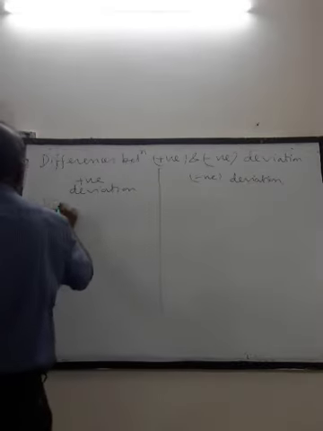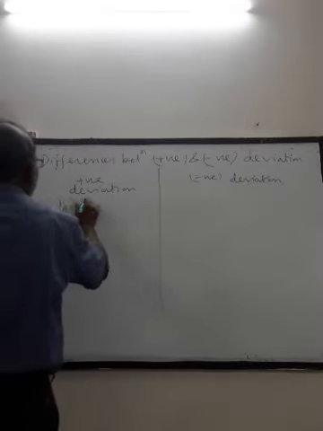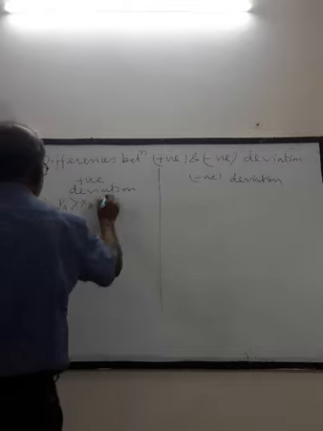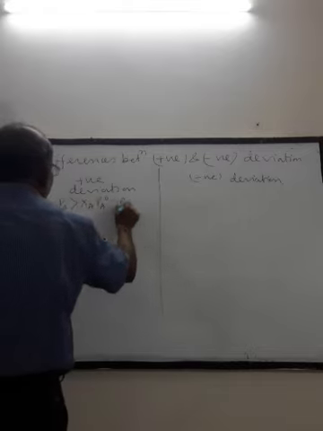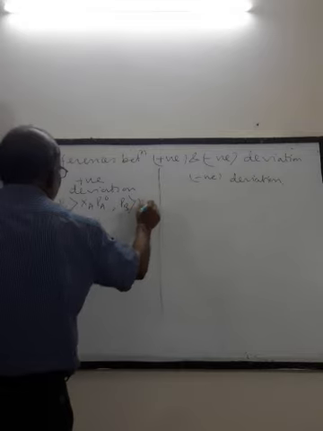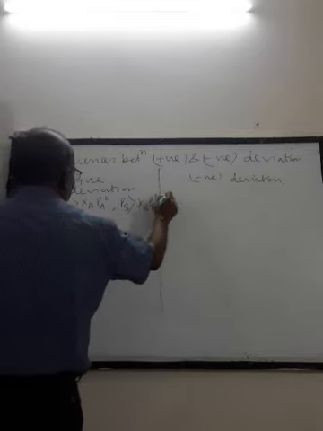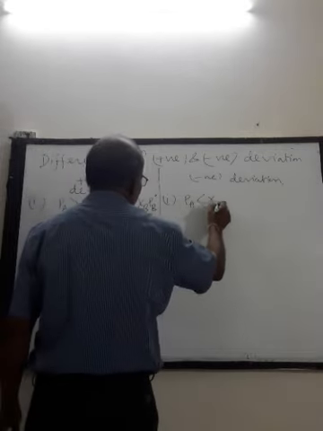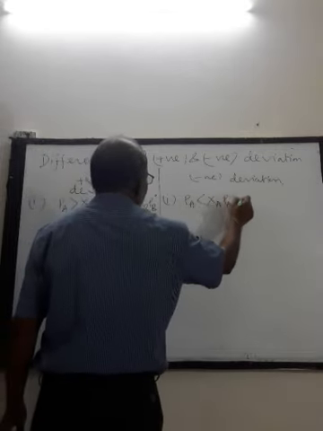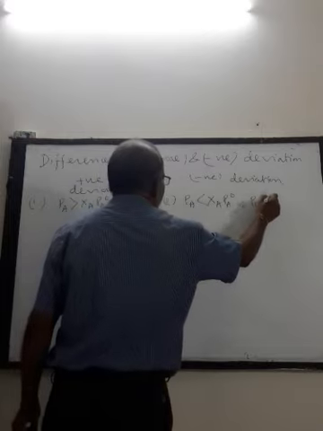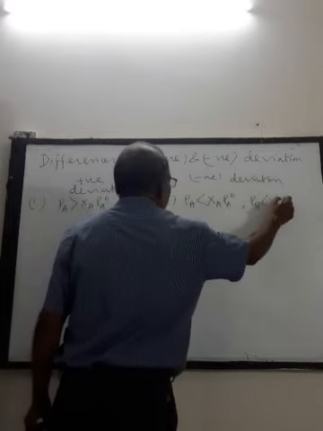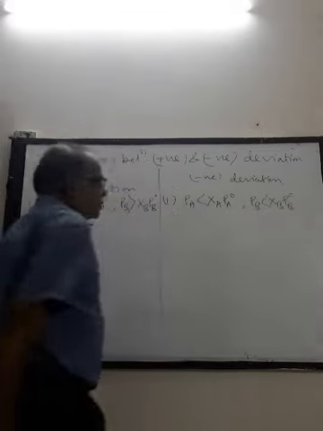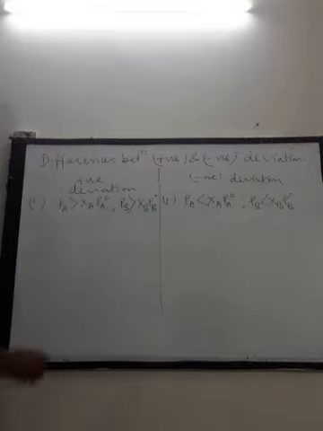Number one, here PA is greater than XA PA naught and PB is greater than XB PB naught. Here PA is less than XA PA naught and PB is less than XB PB naught. So this is the first point of difference.